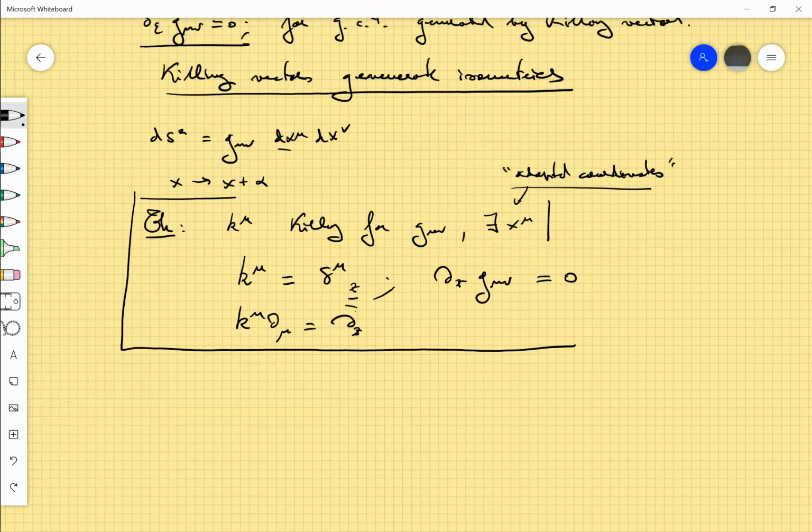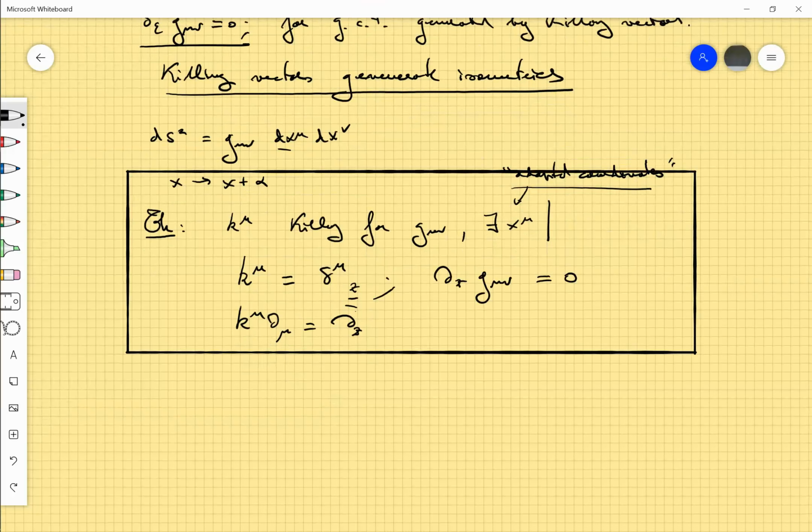So this is a bit the converse of what we were saying. When there is a cyclic coordinate, it is obvious that there is a Killing vector. Precisely of this form, if c is cyclic, then automatically you can check that there is a Killing vector.